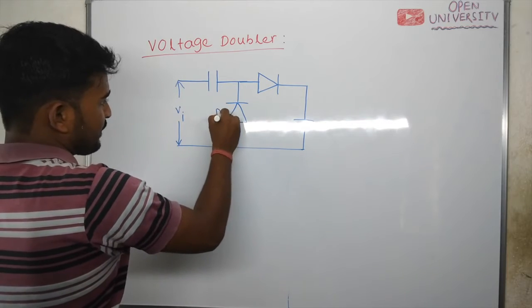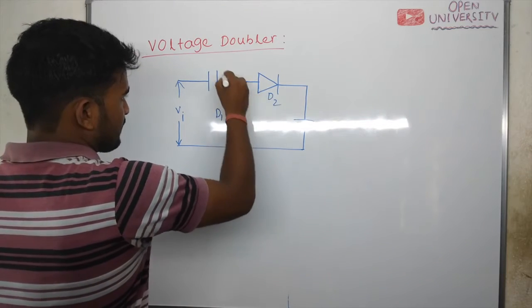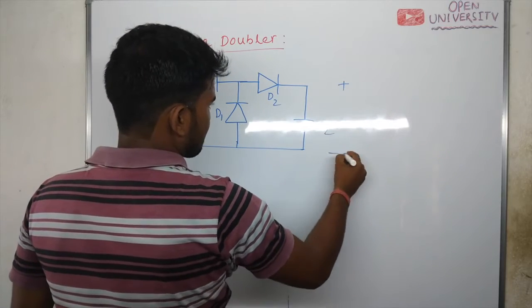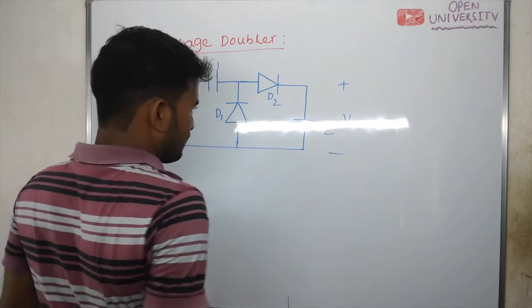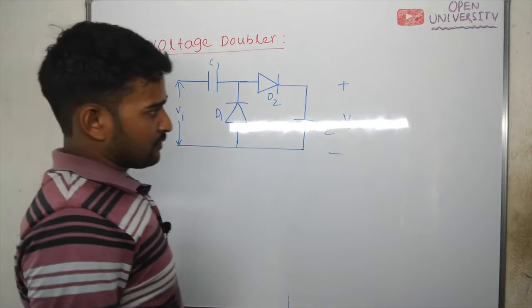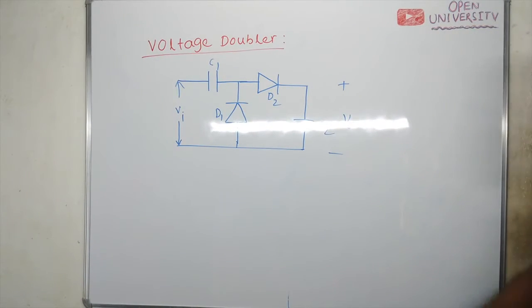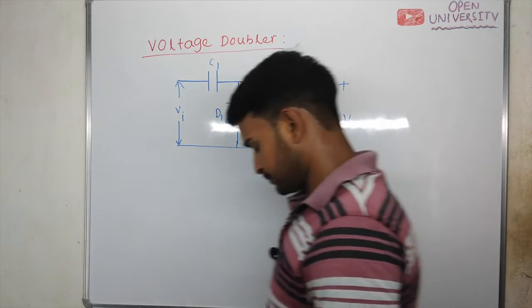This is your diode D1. This is D2. This is your capacitor C1. This is your capacitor C2, and this is your output voltage, which is equal to VC2, voltage across capacitor C2. This is the circuit for a voltage doubler.